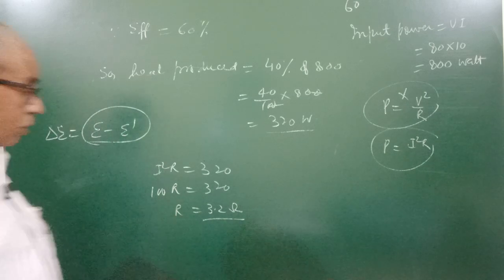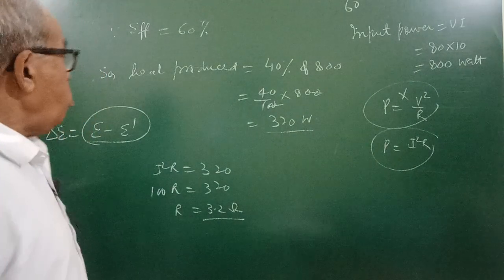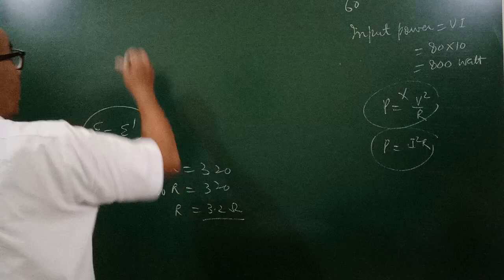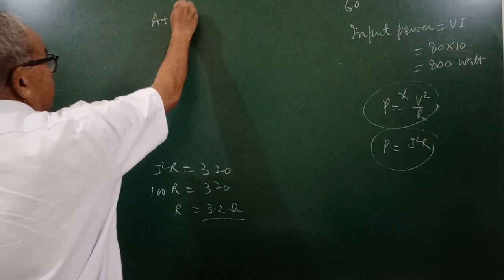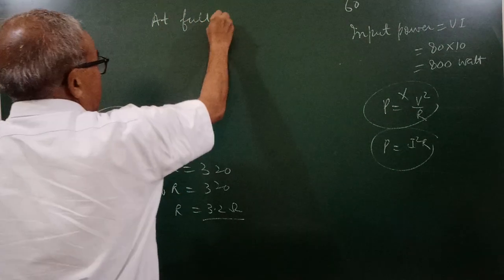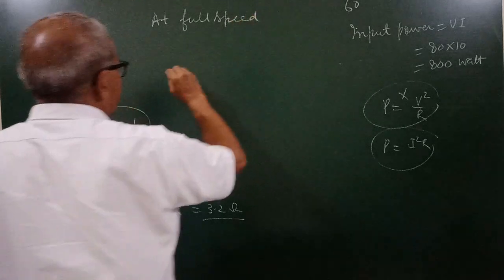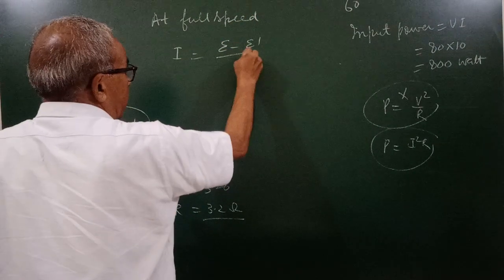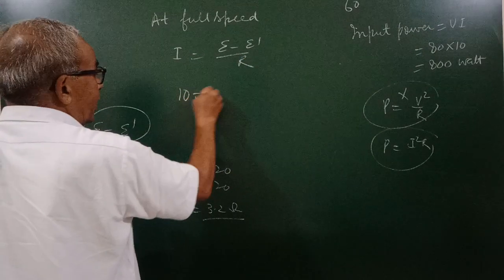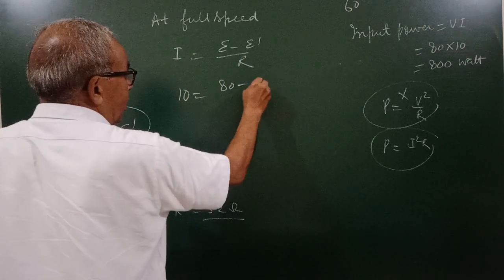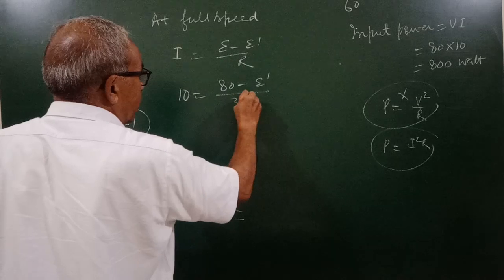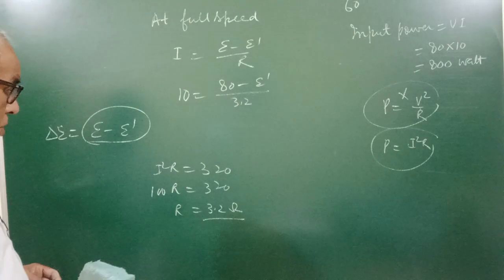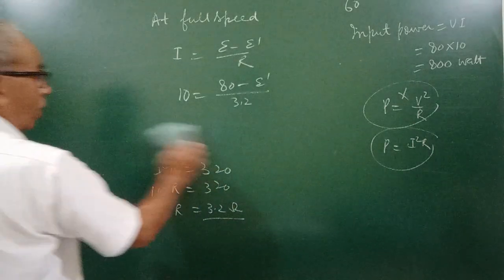Now you are asked what the back EMF is. At full speed, I equals (E minus E dash) upon R. This is 10 ampere, this is 80, this we have to find, and this is 3.2 ohm, the resistance.